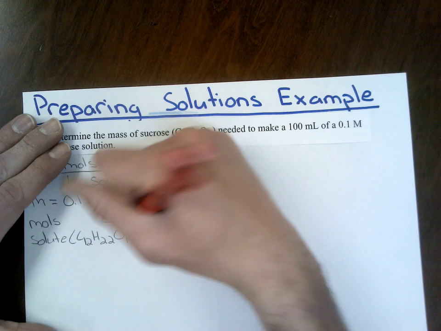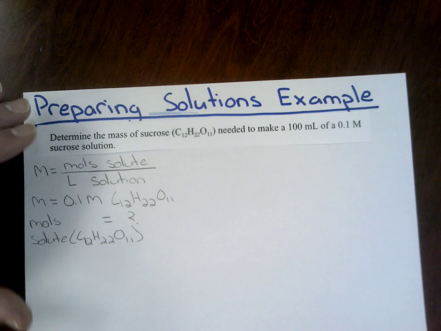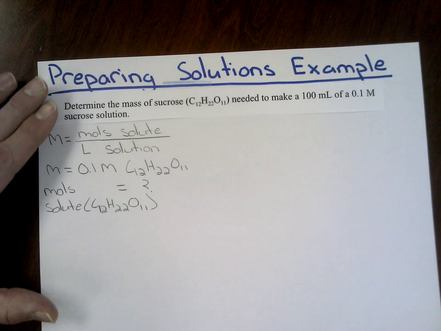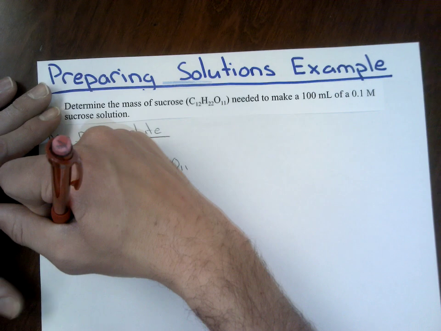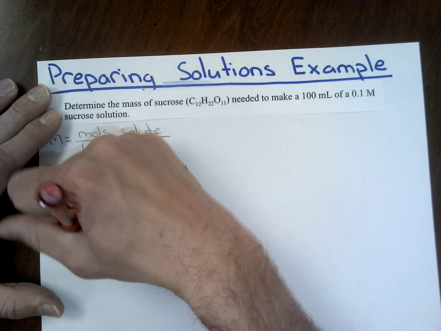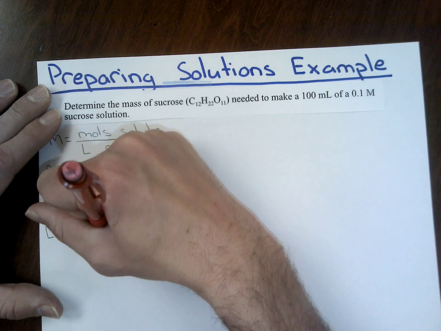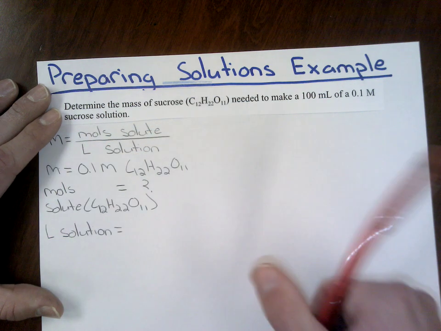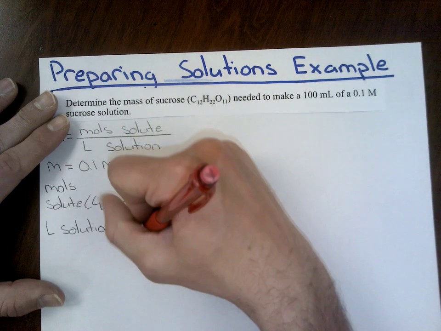Okay, so this is going to be our question mark. Now, our liters of solution is not explicitly given, but we are given that we have 100 milliliters of this particular solution.